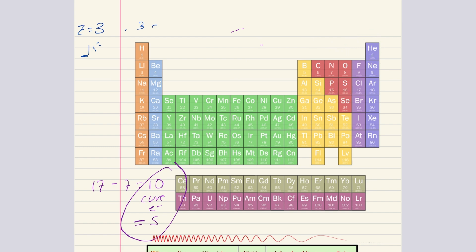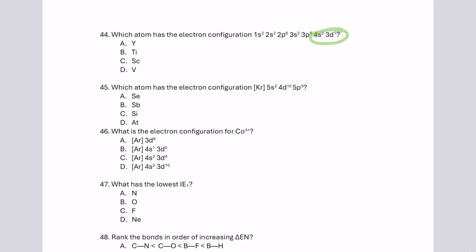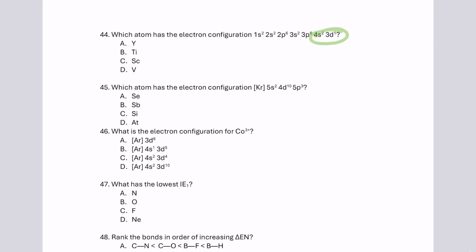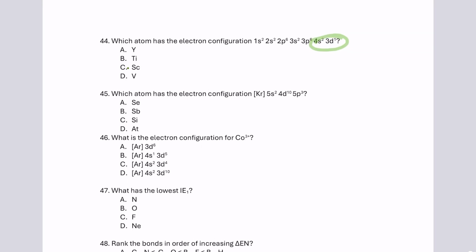The last few orbitals that are filled are the 4s2 and then the 3d1. So we can go to n equals 4 this period. 4s2 is filled, and then it's just 3d1, which is going to be Sc. So the correct answer here is C.